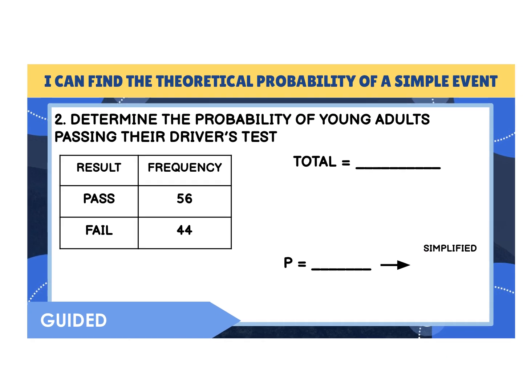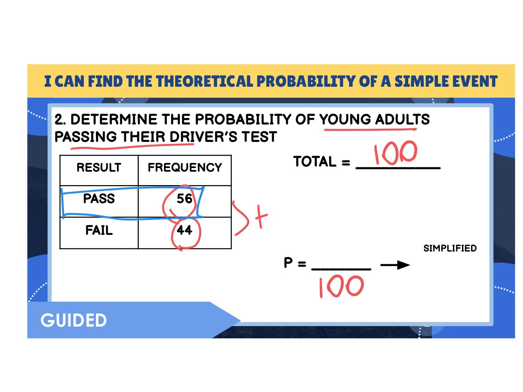All right, so we wanted to determine the probability of young adults passing their driver's test. Well, 56 passed, 44 failed. How many in total? Well, we got to add them all up. So 56 plus 44 will give us 100. That's our total. Our total goes on bottom. And then we want the young adults passing. So in this case, it's 56.